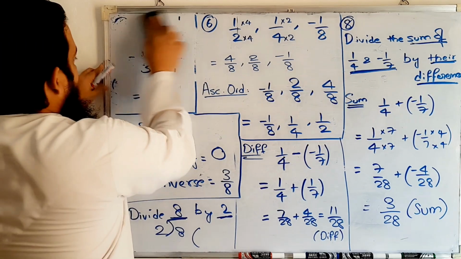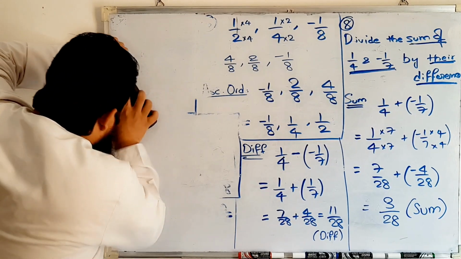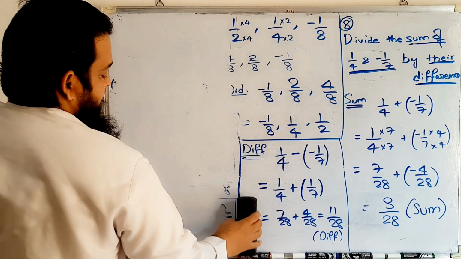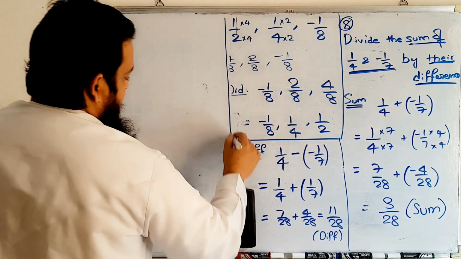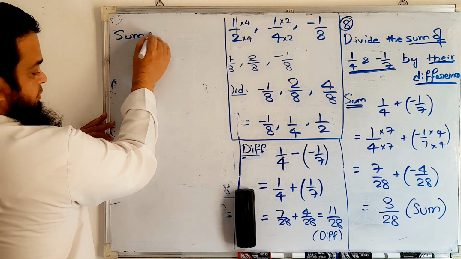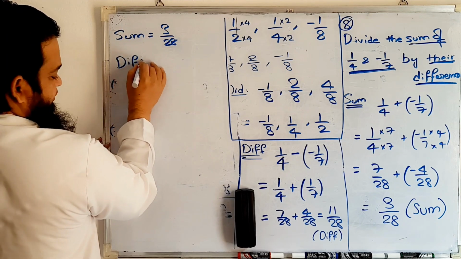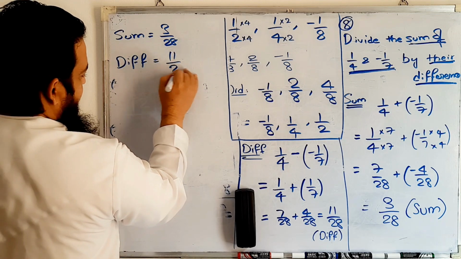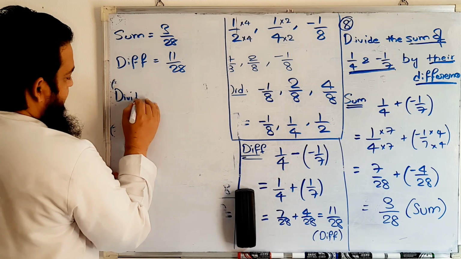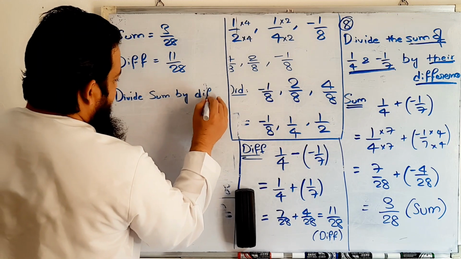Now, what will be the next step? I am writing over here. You got sum equals 3 by 28 and difference you got 11 by 28. Now the question is divide sum by difference.